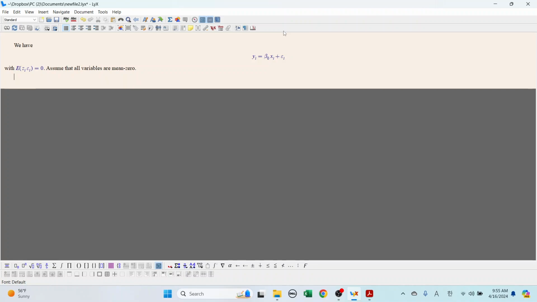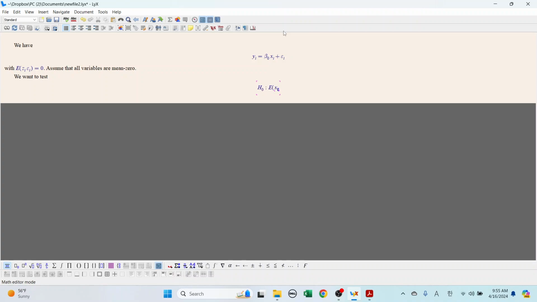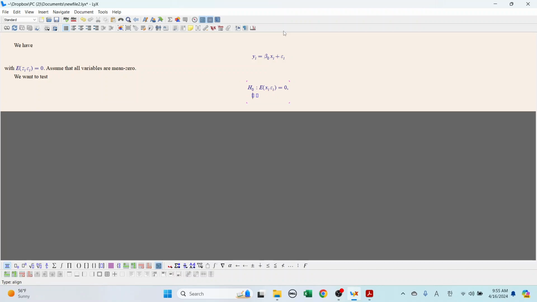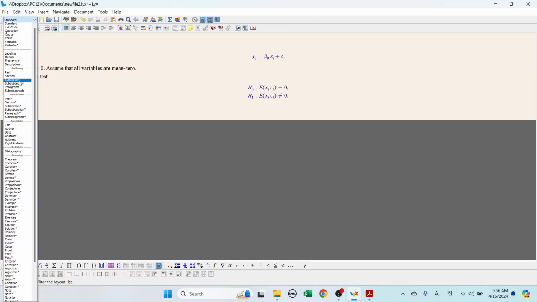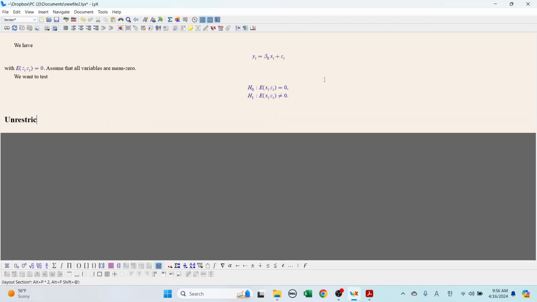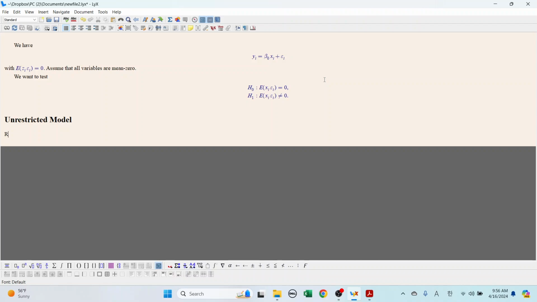Then we want to test the null hypothesis that x is exogenous versus the alternative hypothesis that x is endogenous. Here we can think about two different cases: the unrestricted model and the restricted model.